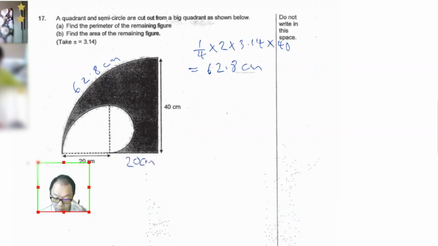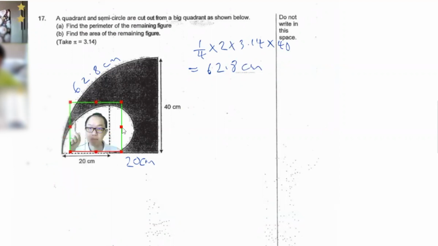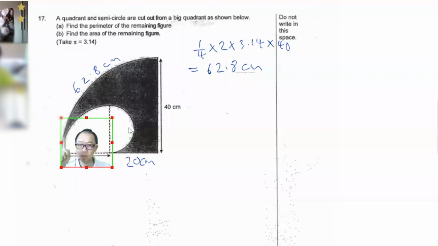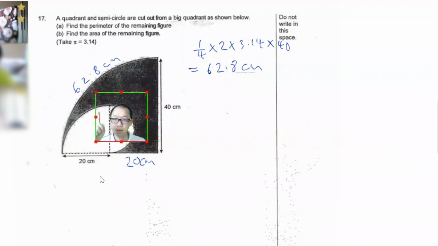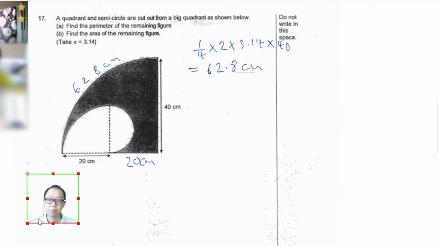Next, let's find the inside curve. Where is the inside curve? This one. Inside curve is here. Here to here. All right, so the inside quadrant, I have to use 20 cm as the radius.